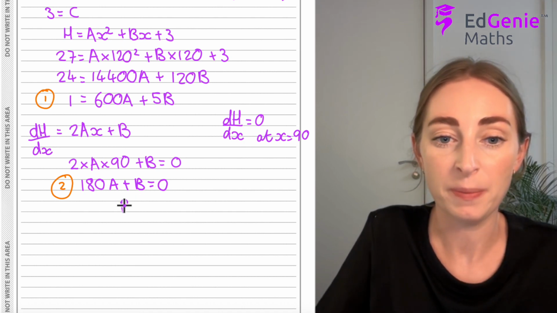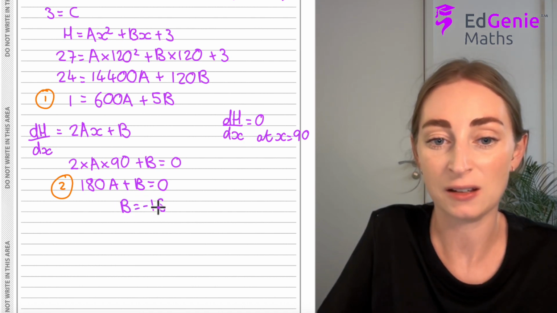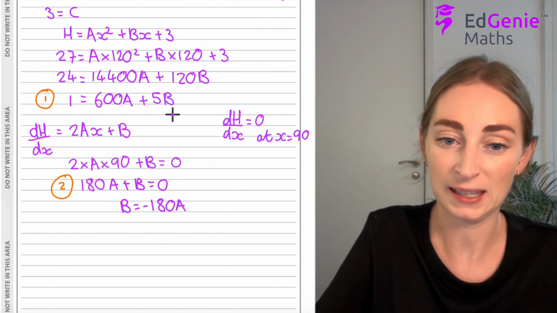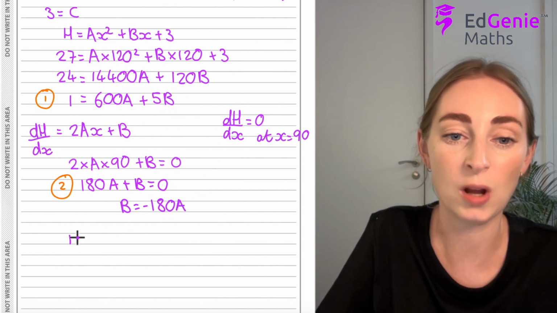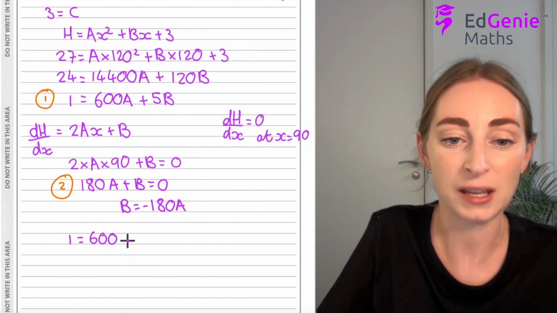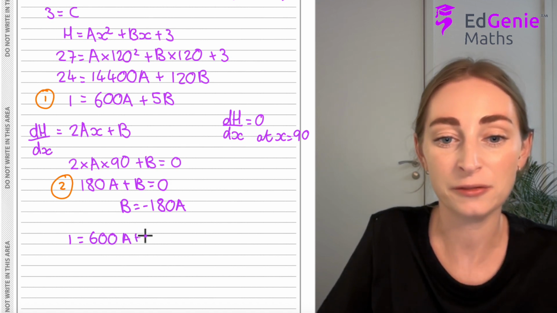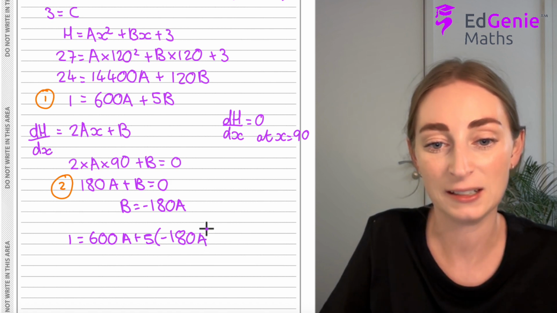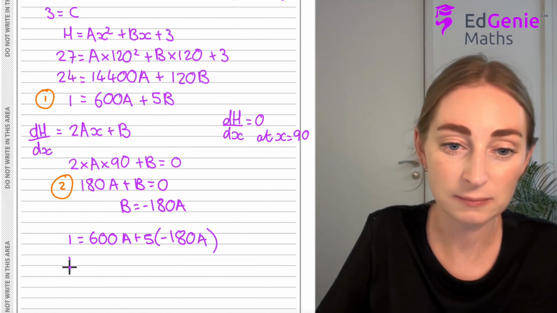So I'm going to put b equals minus 180a. So I'm going to substitute this into here. So 1 equals 600a plus 5 lots of minus 180a. Let's simplify this.